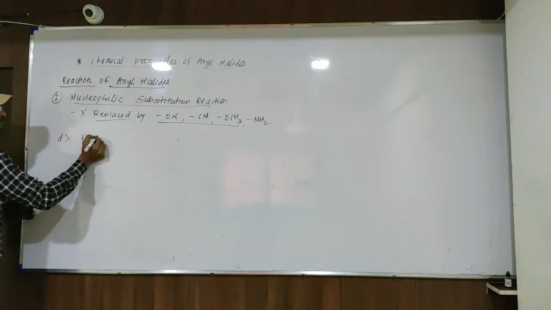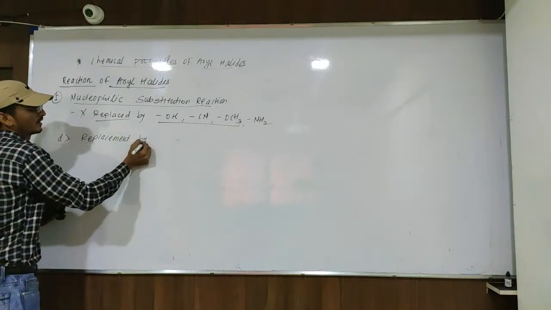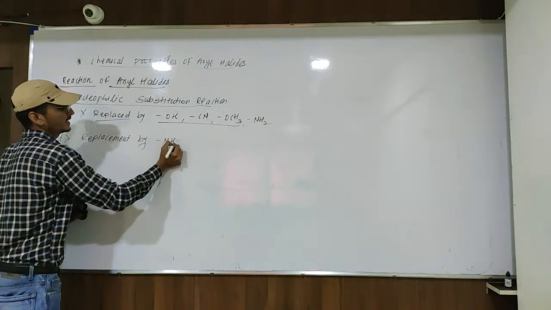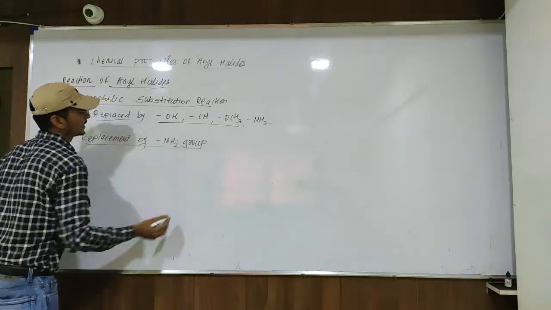So here replacement by NH2 group. Halogen is replaced by amino group.